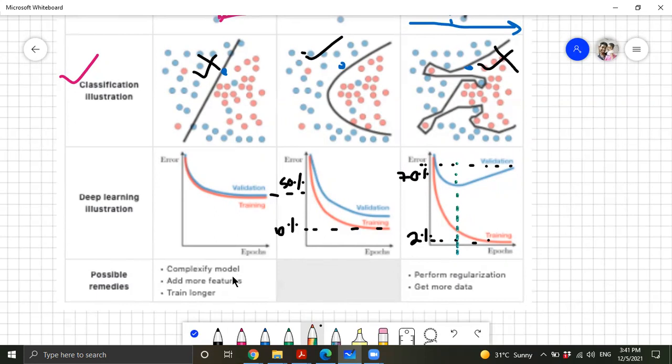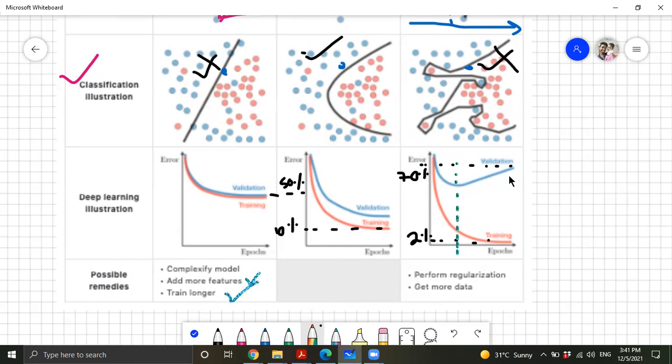So in underfitting, you have to increase the complexity of the model and add more features, because some features may not perform well. So you can add more features and train longer. See, you have stopped the epochs at some point. You can increase more epochs, right? Train longer is also coming.